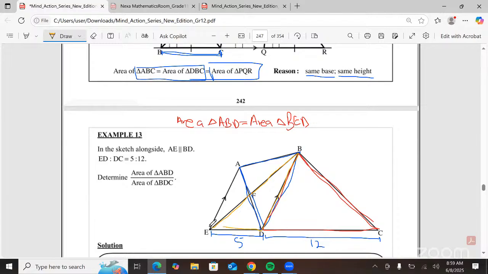Because these triangles share this base here, BD, and they are between parallel lines, AE and BD. So my reasoning is same base and same height.